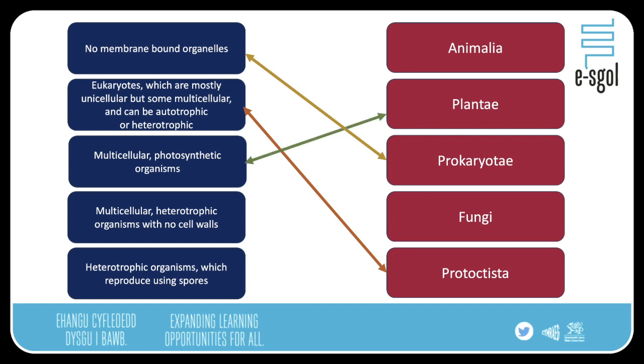Your answer should be Plantae. Statement 4 reads, multicellular, heterotrophic organisms with no cell walls. This matches to Animalia. Our final statement states, heterotrophic organisms, which reproduce using spores. And this matches to fungi. How well did you do in the quick questions section of the film?